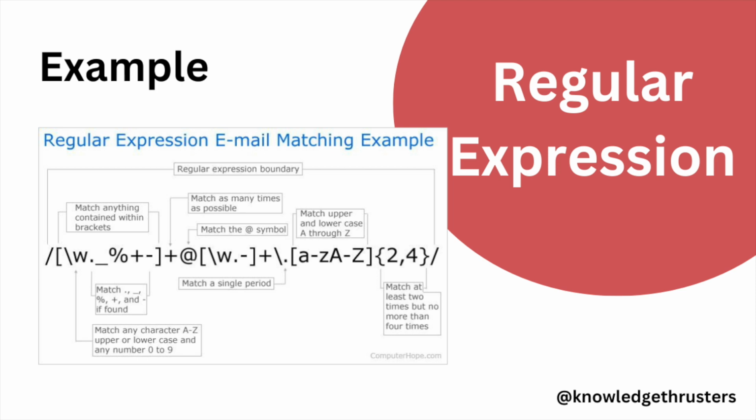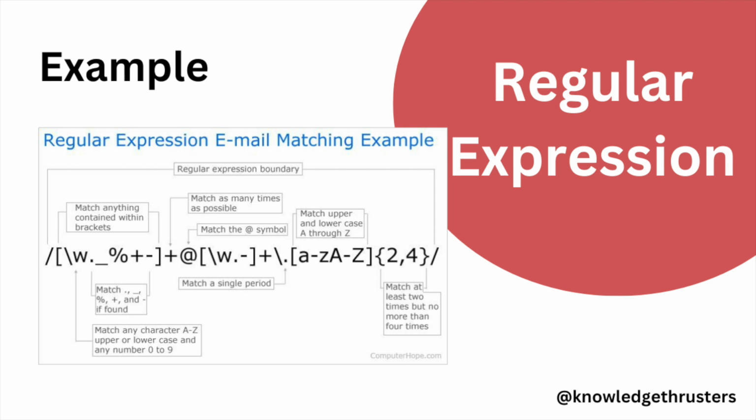Then you can see a dot, which will match dot, underscore and others if found. Then the closing bracket. Then plus means match as many times as possible, because in an email address you can see, let's say, knowledge.trusters at the rate gmail, so characters can be many.